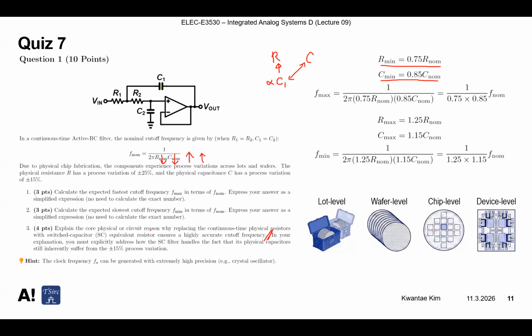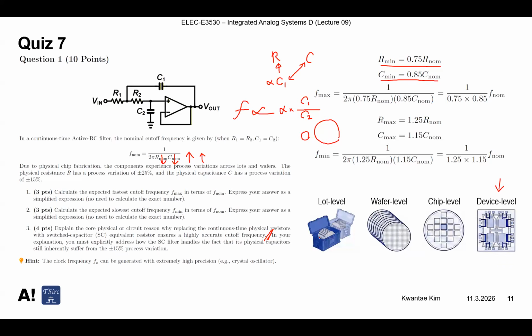So even if there is a process variation, if we can make sure F is proportional to some constant times C1 over C2, then even if there is some variation, if we put capacitor C1 and capacitor C2 very close to each other, adjacent to each other, then C1 and C2 are affected by the same process variation within the device level. So that is the core idea about solving this problem.